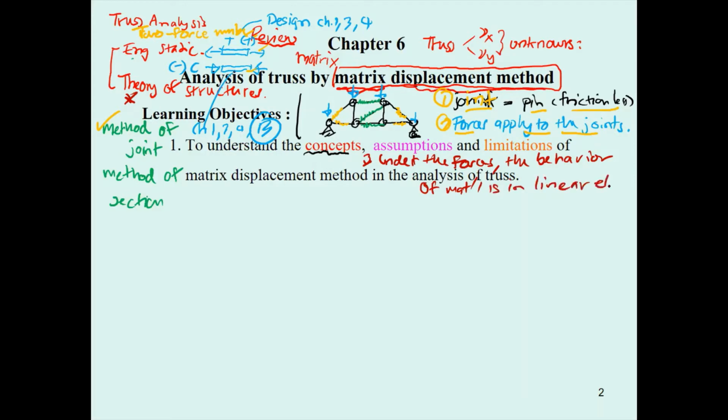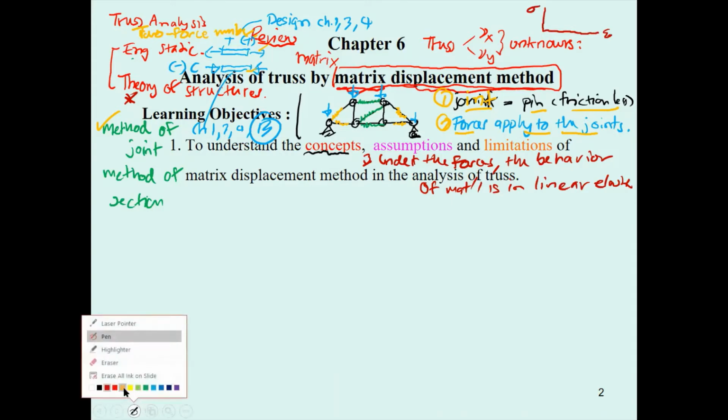The behavior of this steel or aluminum is only in this yellow region. The other part is just for the safety factor.